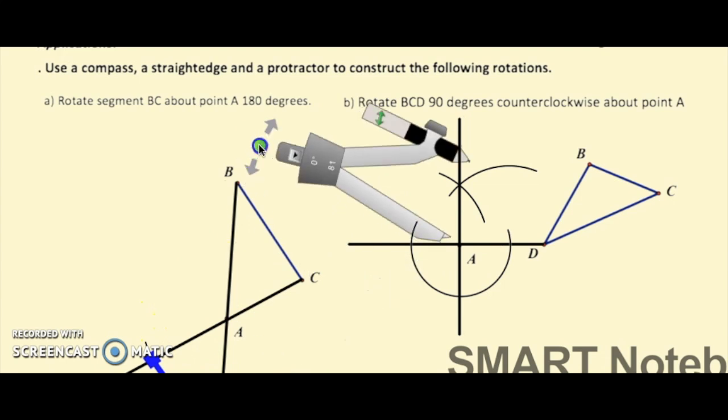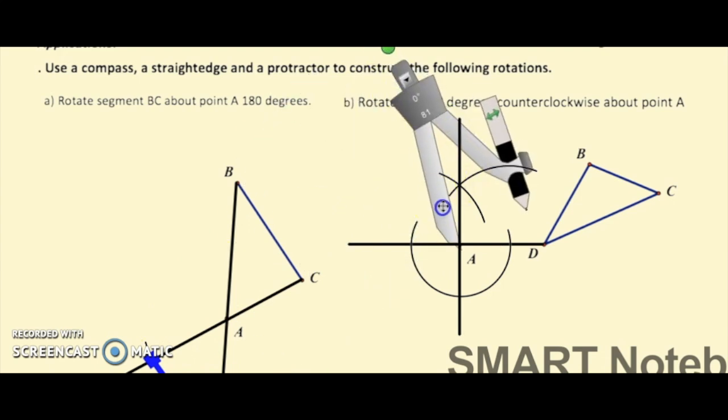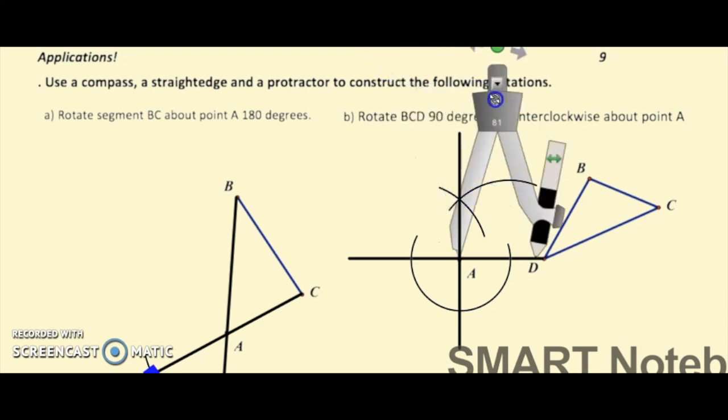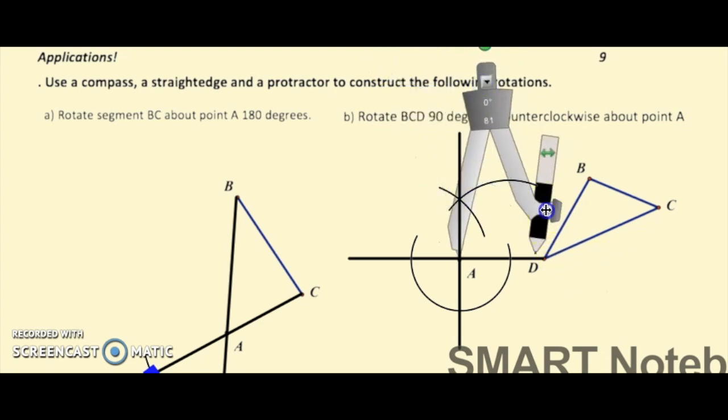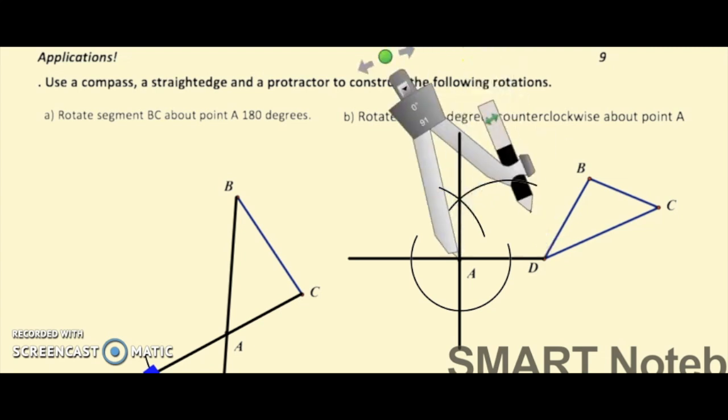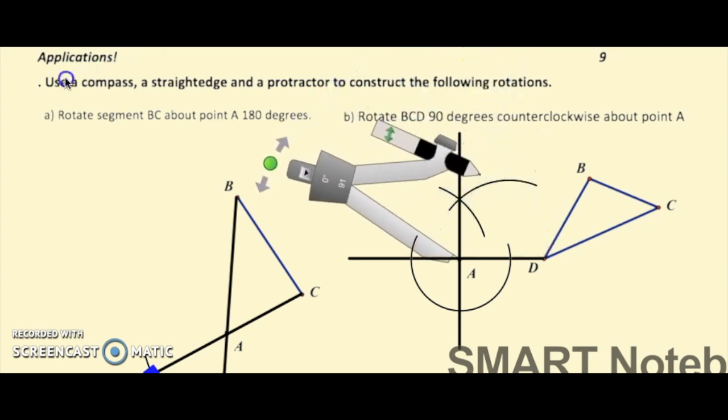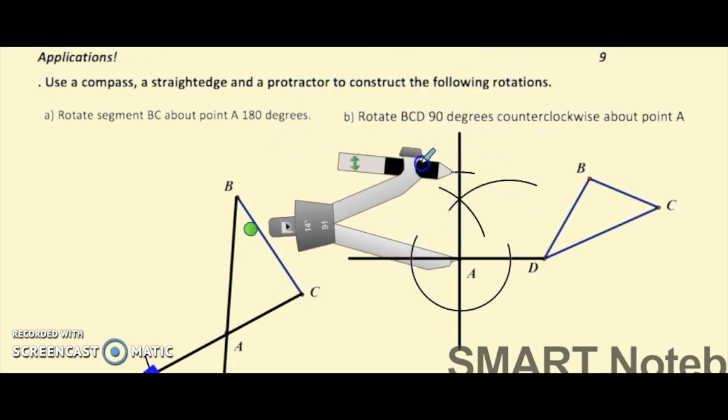Because I know it gets rotated 90 degrees, but I don't know where exactly on the line it would be. So I'm going to measure from A to D using my compass, and then I'm going to rotate that 90 degrees counterclockwise onto my line. And that is going to be the point D prime. And you would just repeat that for your other segments.